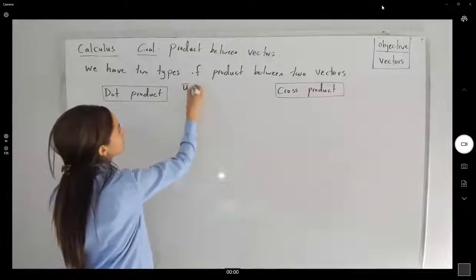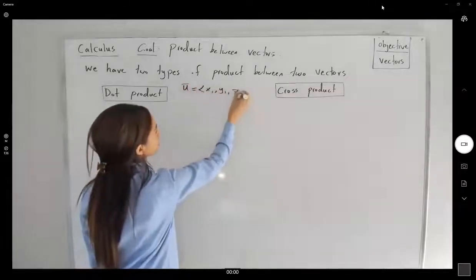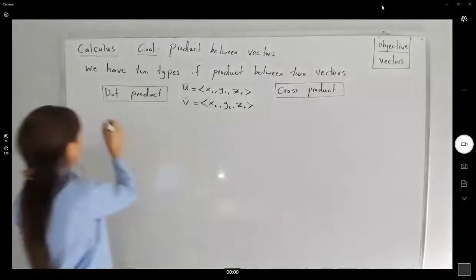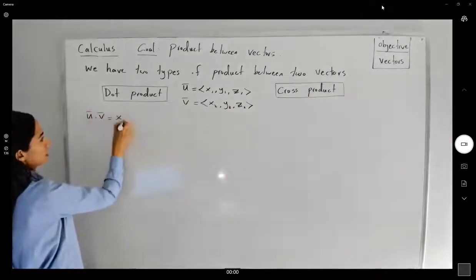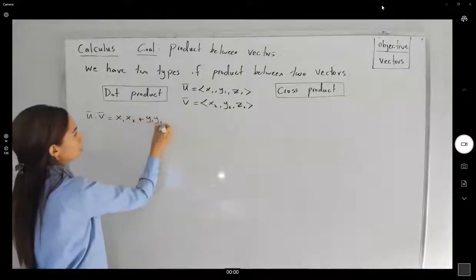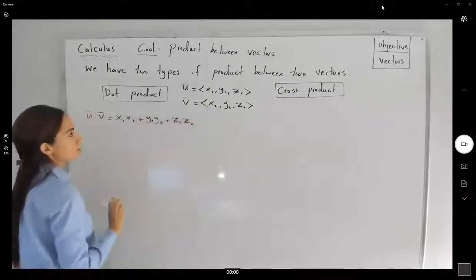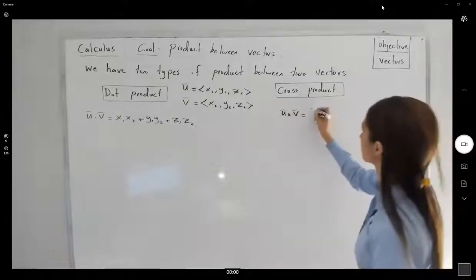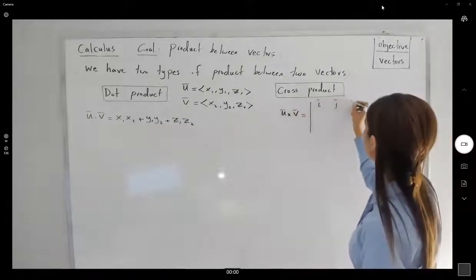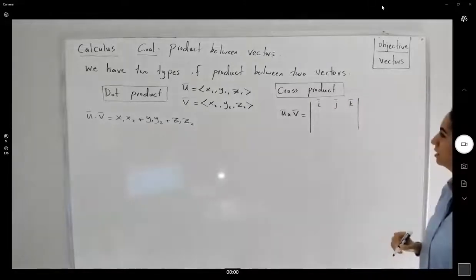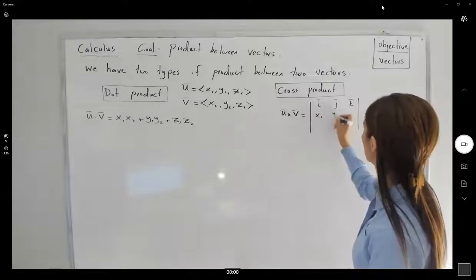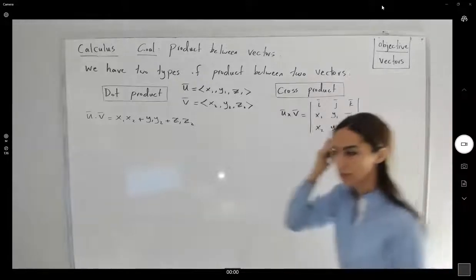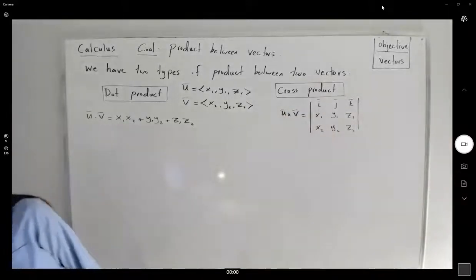When u is x1, y1, z1, and v is x2, y2, z2, then u dot v is x1 x2 plus y1 y2 plus z1 z2, the dot product, and the cross product, u cross v, is the determinant of i, j, k, x1, y1, z1, x2, y2, z2. Very well.